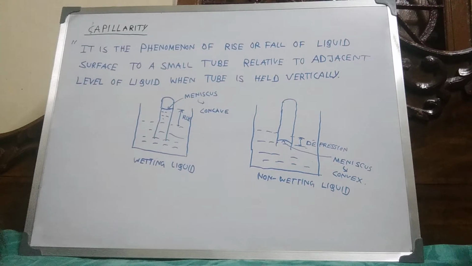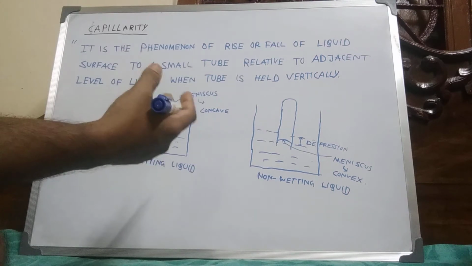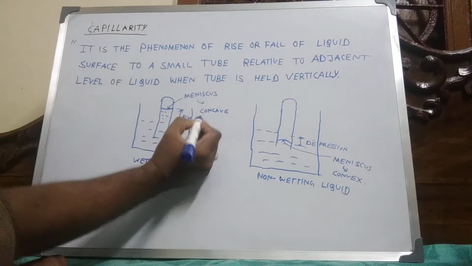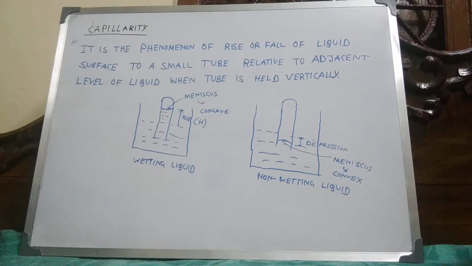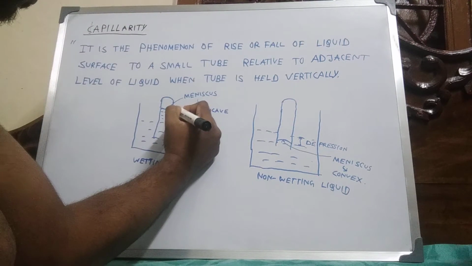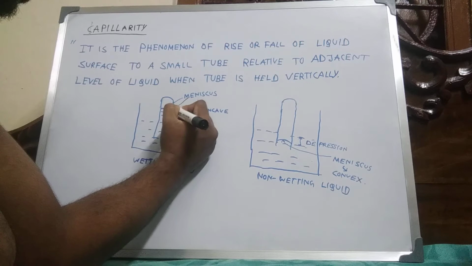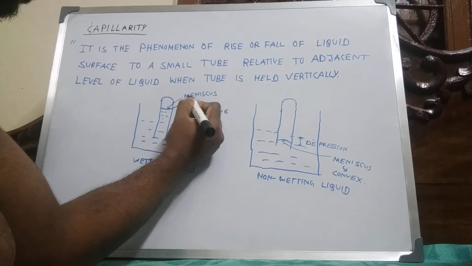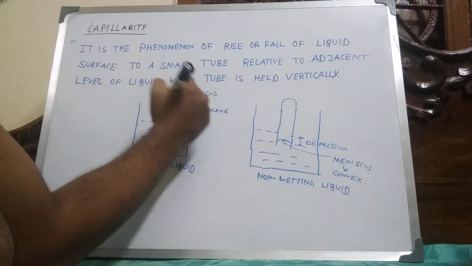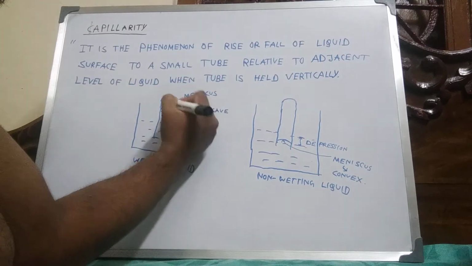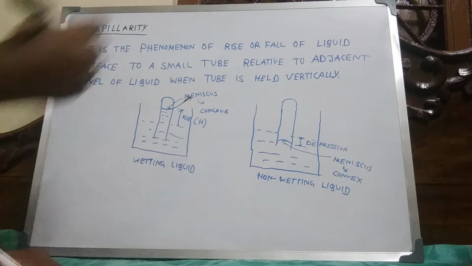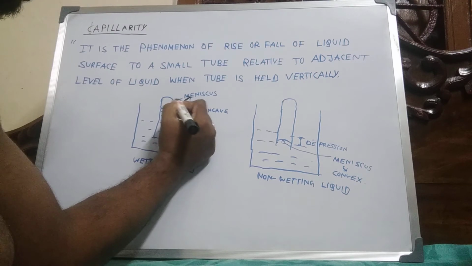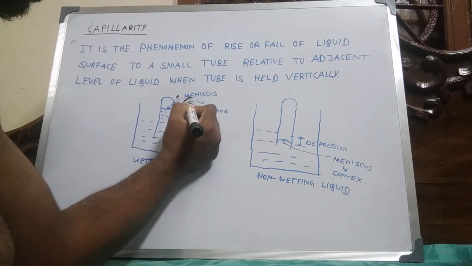Now, how to get the capillary rise or capillary depression value. Suppose this value is also h. Now draw a tangent on the meniscus at a point. This is theta. This is the surface tension.